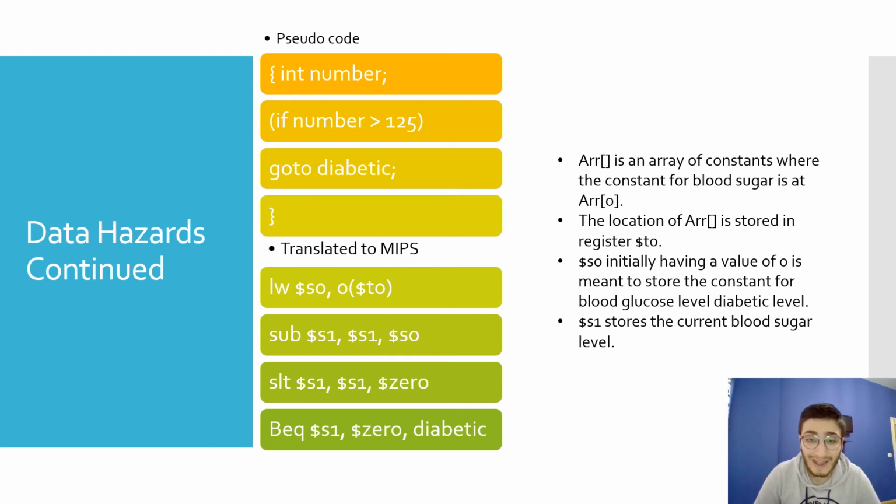So we need to load that and then subtract the current value of our blood glucose level from 125. If this number is greater than 0, then we have diabetes. It is important to note, for the sake of this explanation, that $S0, before loading the 125 into it, has a value of 0.